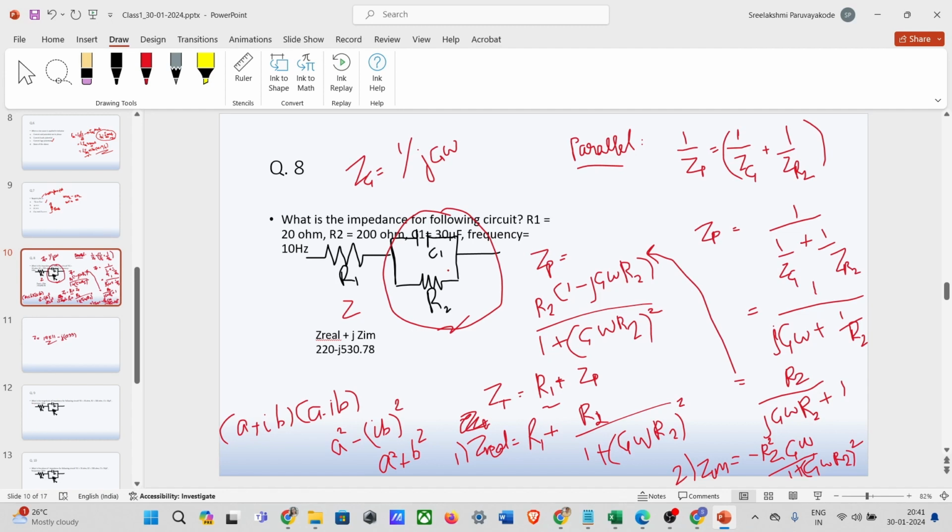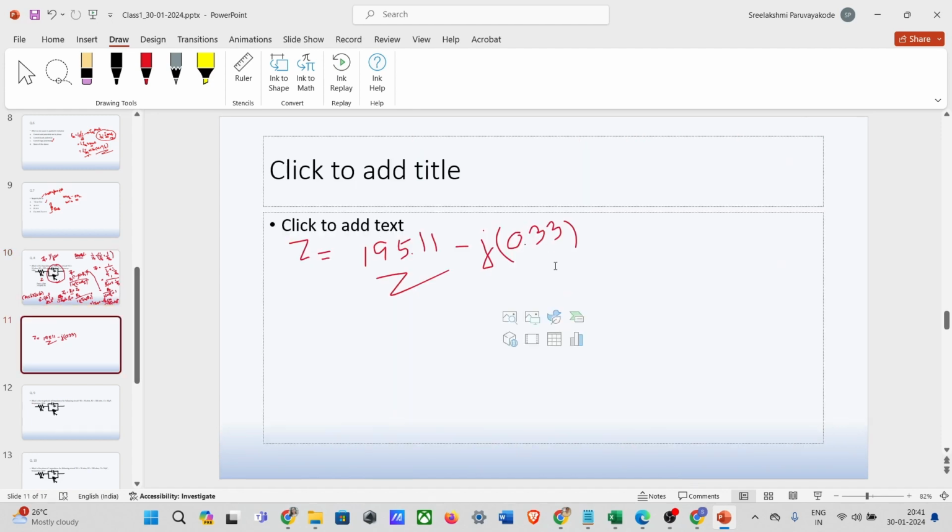I'm still getting a slightly different value. Okay, if you're sure with that, let's move on with this. I'm not sure because I'm getting some value around 6. So this part is different, which I'm not sure why I'm getting a different value.